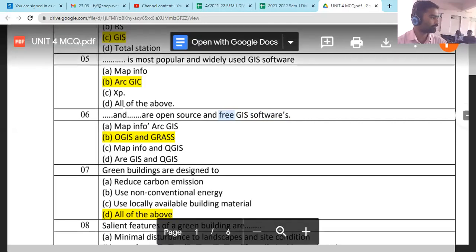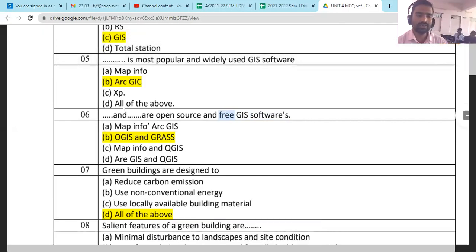Write down this one. Dash and dash are open source and free GIS software. Answer is QGIS and GRASS.